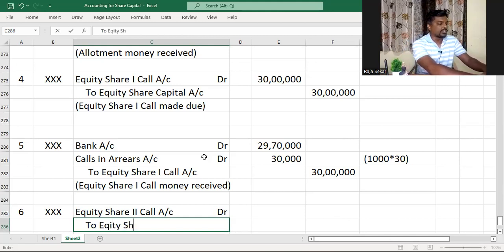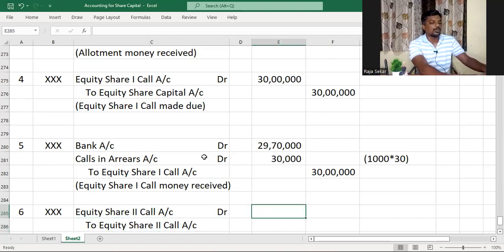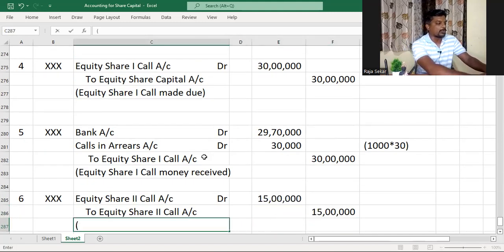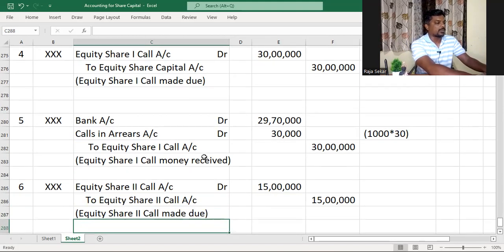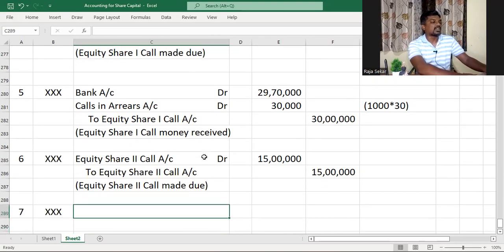So equity share second call, we'll make it due for all the shareholders, that is the 1 lakh shareholders, including Harini. And second call was 15 rupees. Am I right, my dear children? As calculated by us in the beginning of the problem. So we made equity share second call due.